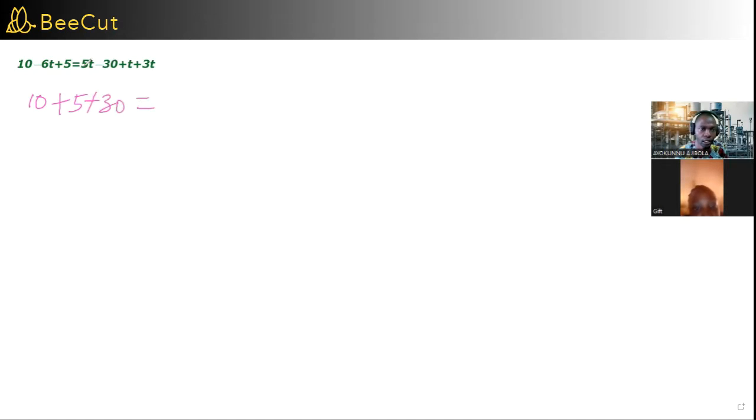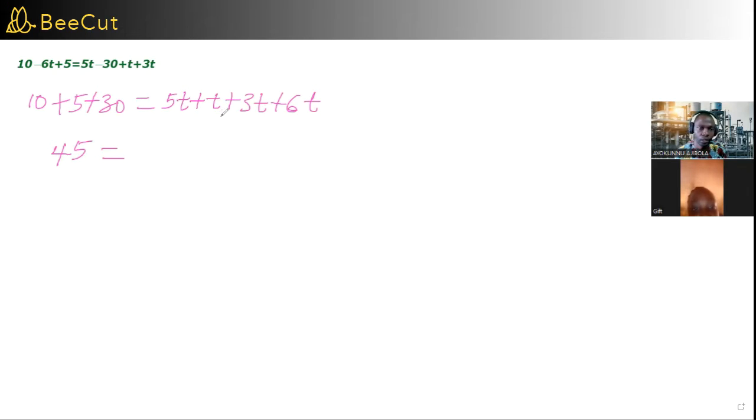Then I move to the other side, 5t plus single t. Then all the t's that were here, only one t, so negative 6t becomes positive 6t. So this is 45 on this side.